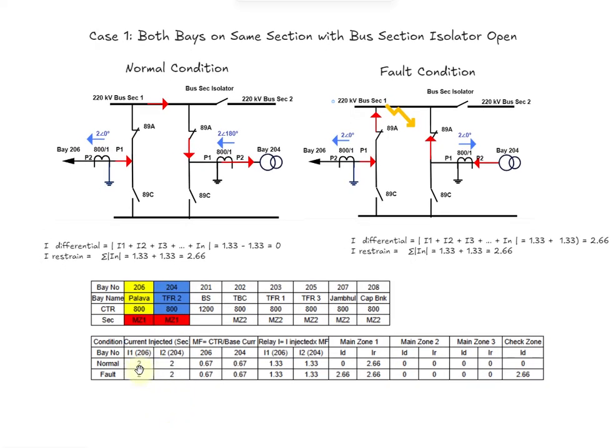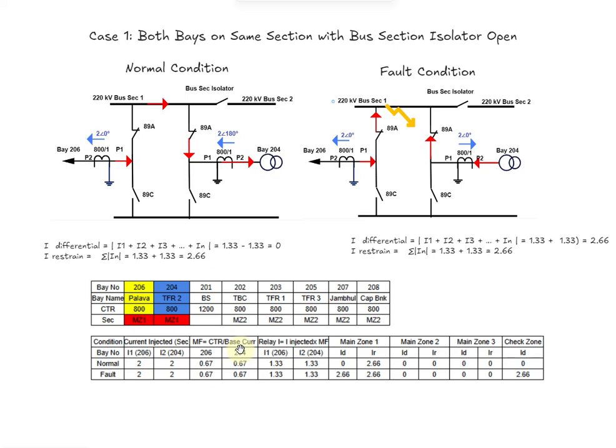In this table we can see the current injected is 2 amperes. In the normal condition I1 is 2 amperes, I2 is 2 amperes. There is a multiplying factor, which is equal to the CT ratio divided by the base current. The base current is 1200 amperes. We have to keep a base current because there are different CT ratios, so we have to bring them onto the same platform.